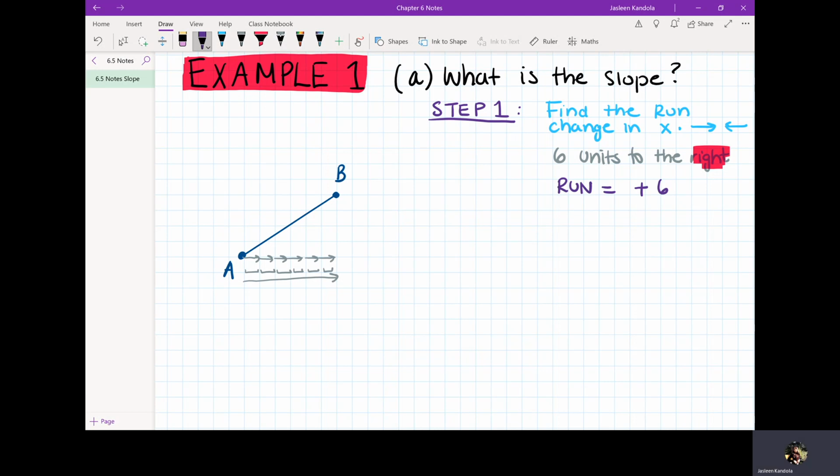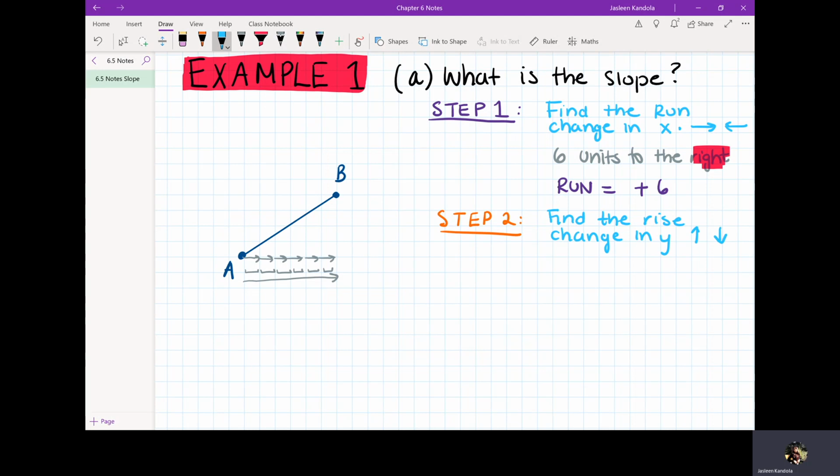All right, and then we go on to step number 2. Step number 2 is find the rise, and we know rise is change in y, and that means either going up or going down.